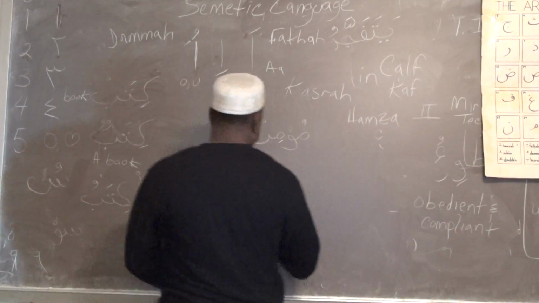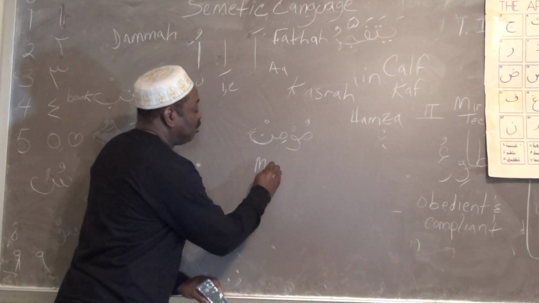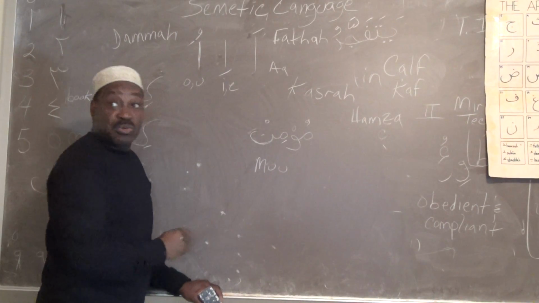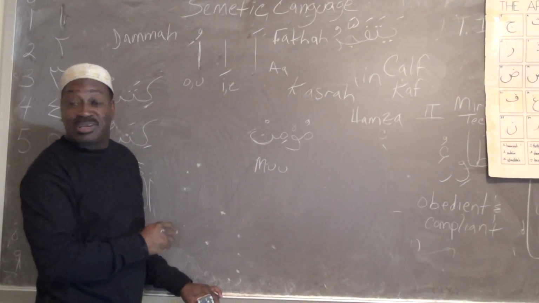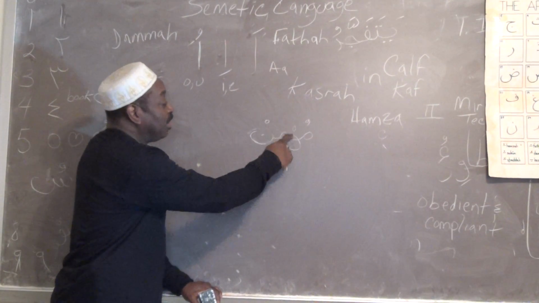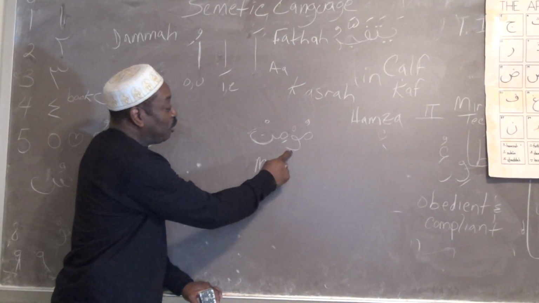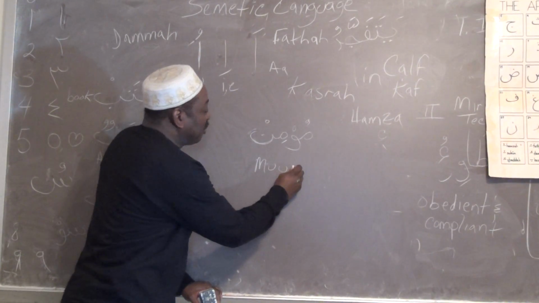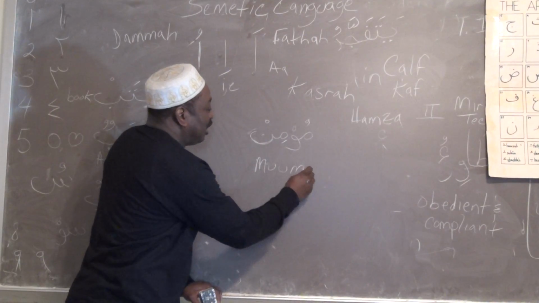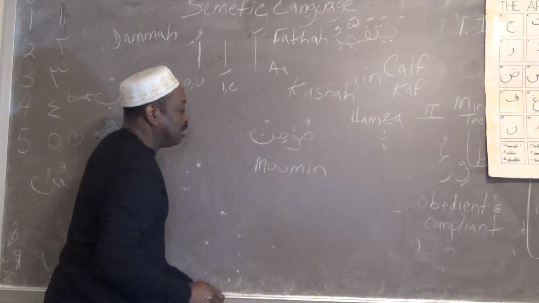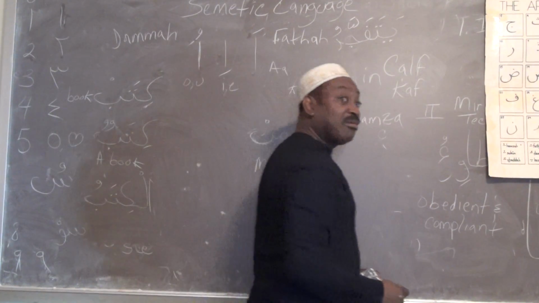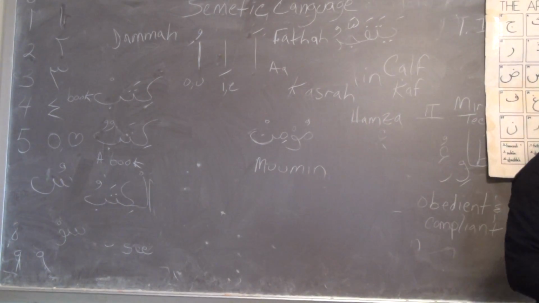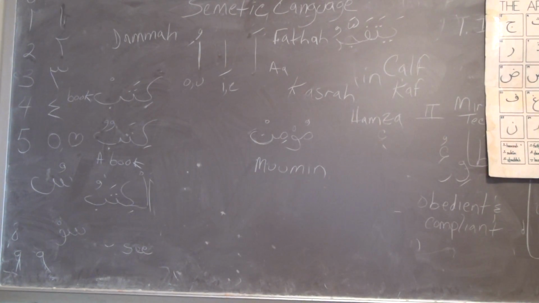So let's spell it out. M-U-U. Why do we have two U's here? Because of this waw right here and this sukoon. Then we have M-I-N. Is the spelling right?